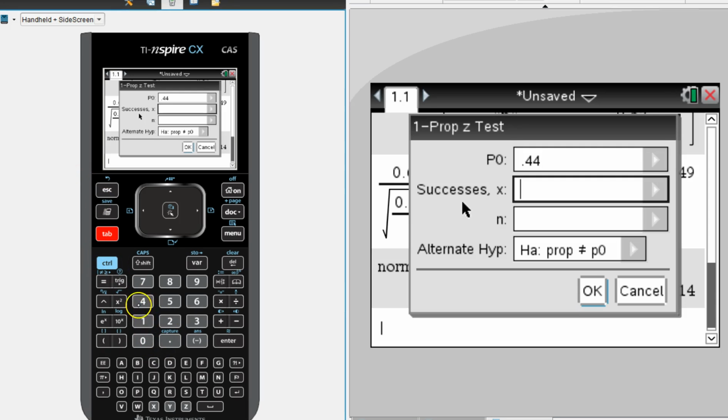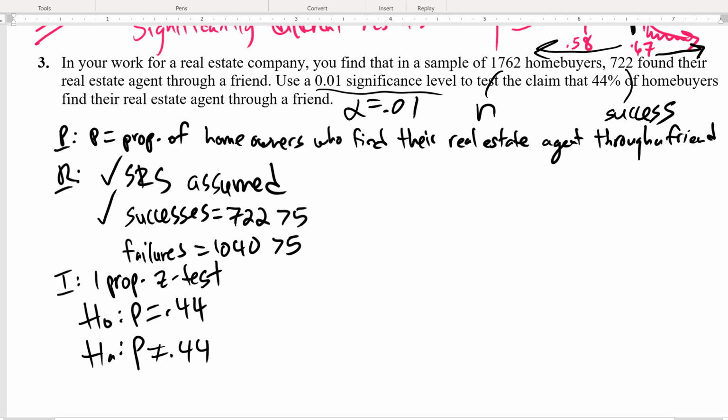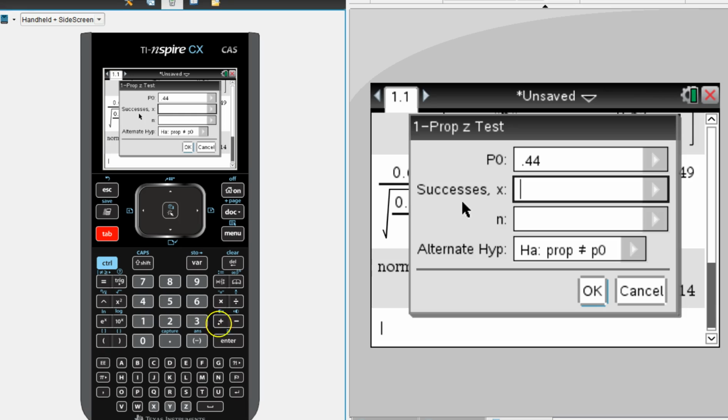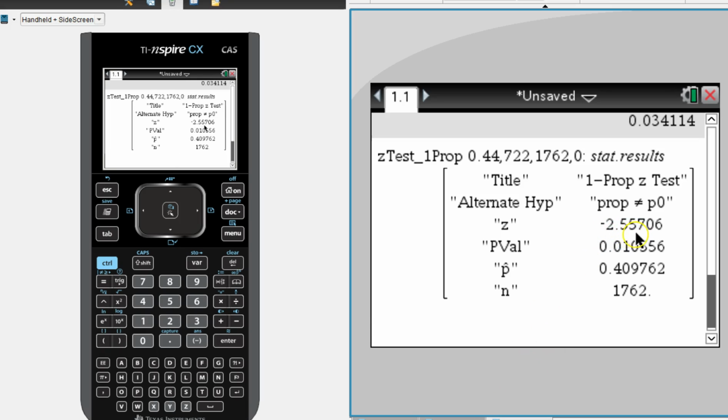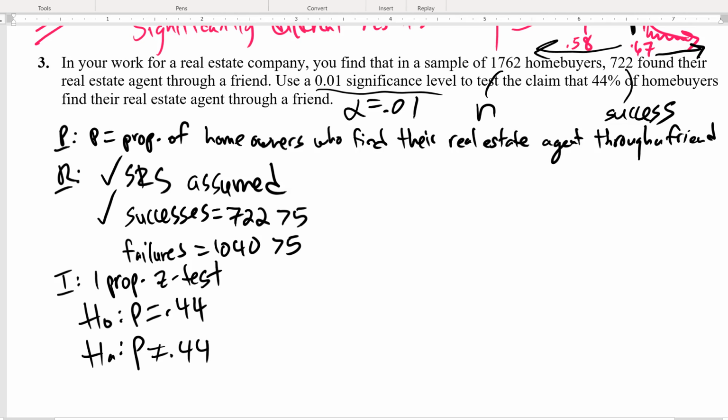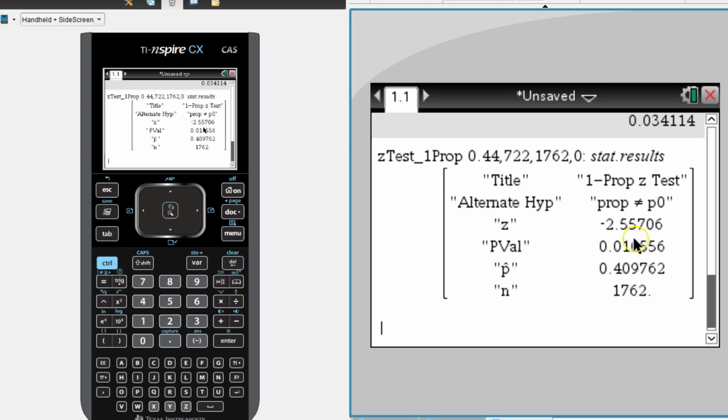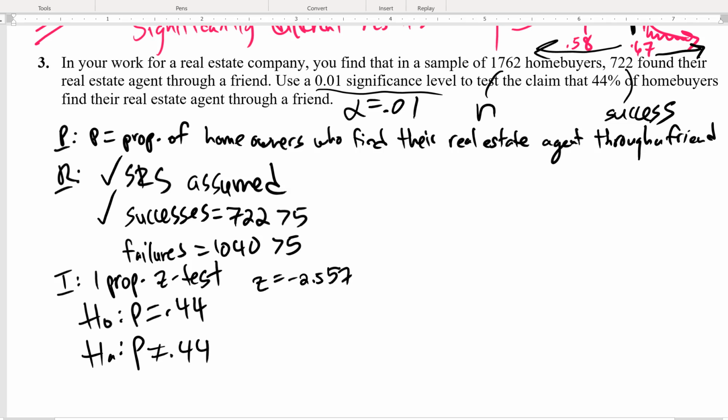How many successes? 722 out of 1762, and the alternative was not equal to, so we don't have to mess with that this time. Z is negative 2.557. P-value is 0.011 if I round that.